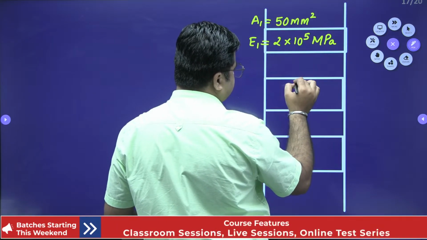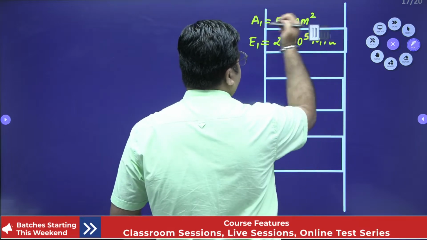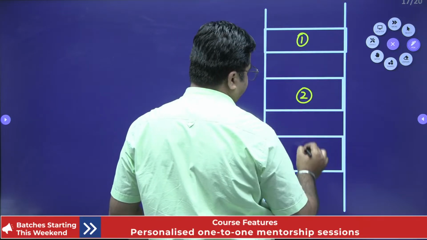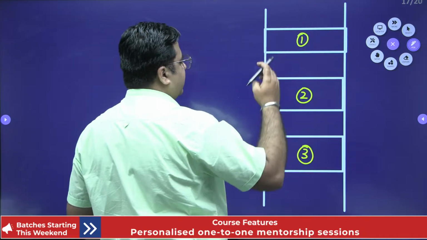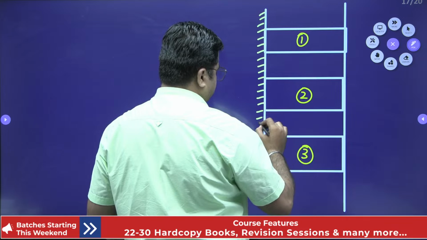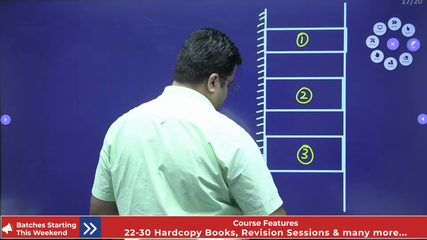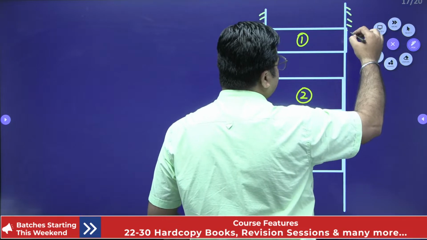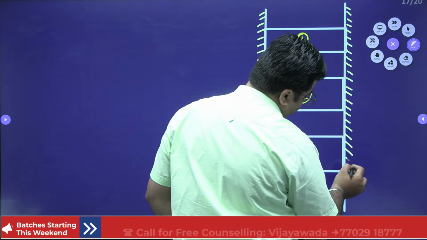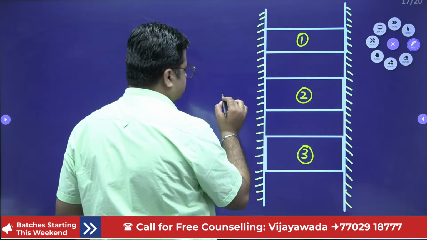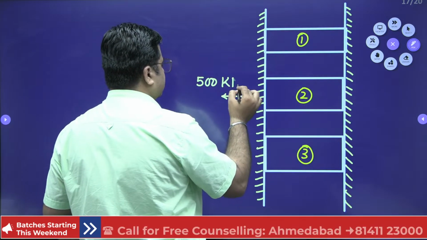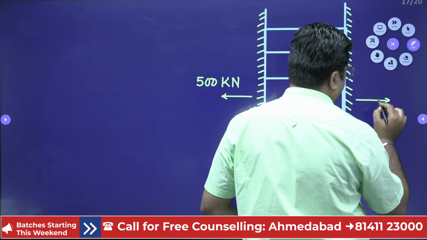Similarly, for this second member, okay, I'll write here, it will create confusion, right? So this is my member 1, this is member 2, and this is member 3. All these 3 members are connected in parallel. The total load acting is 500 kilonewton.